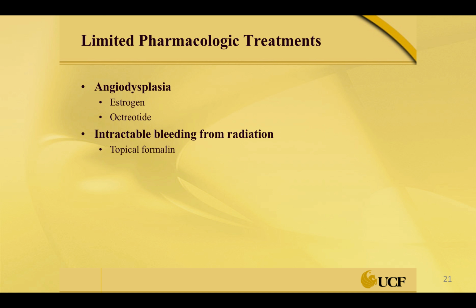As I initially said, there are limited pharmacologic treatments for lower gastrointestinal bleed. Angiodysplasia is usually corrected with estrogen and the administration of octreotide, and also the intractable bleeding from radiation with topical formalin. But again, these are not very effective pharmacological treatments for lower gastrointestinal bleed.